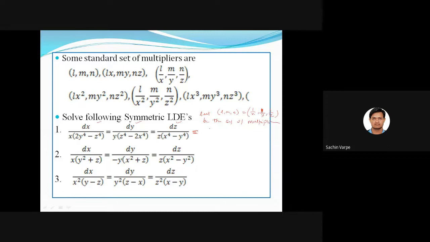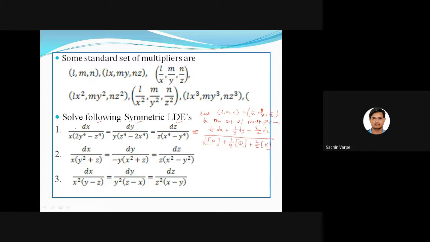L dx, so 1 upon x dx plus 1 upon y dy plus 2 by z dz upon lP, that is 1 upon x into the whole p, plus 1 upon y into the whole cube, plus 2 by z into the whole r, such that this denominator is getting cancelled.